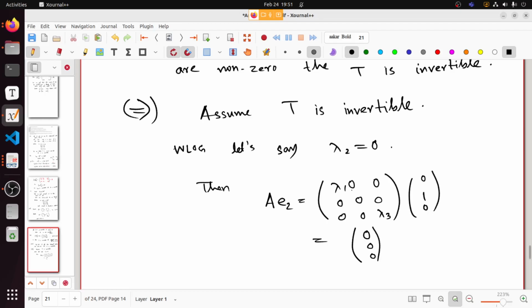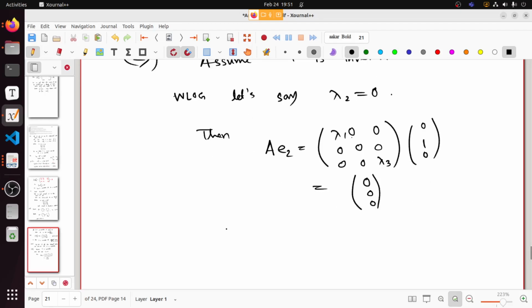So you get A of E2 is 0, which implies E2 belongs to the kernel of A.